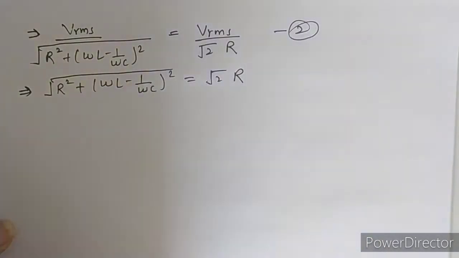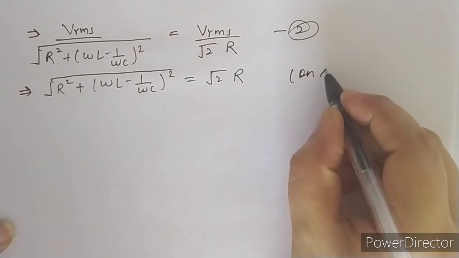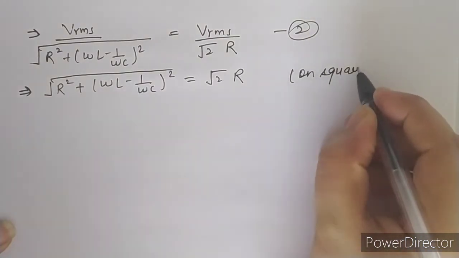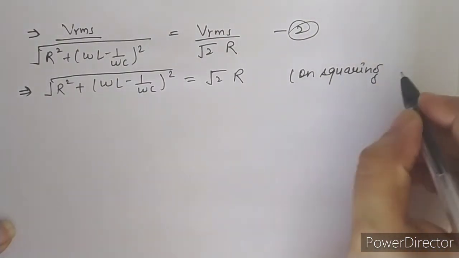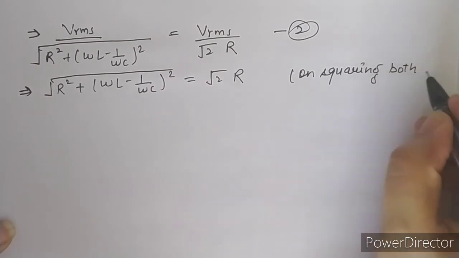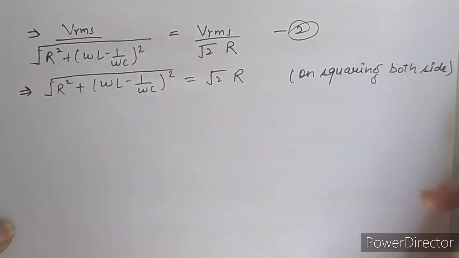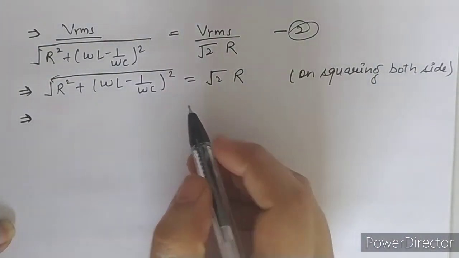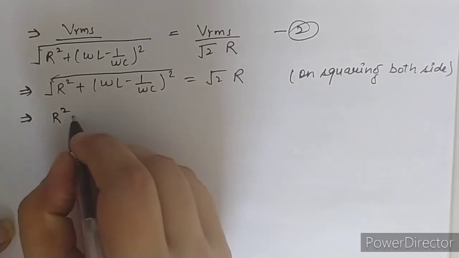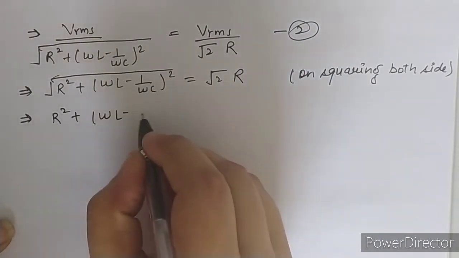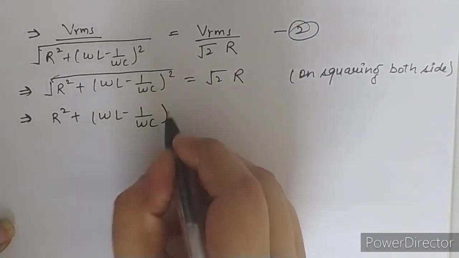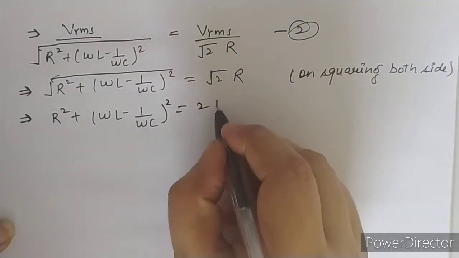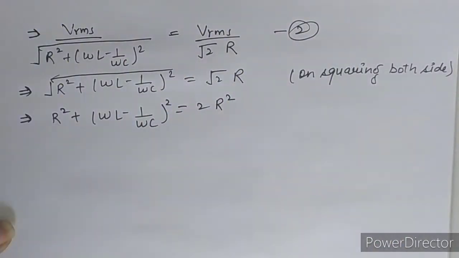On squaring both sides, what do we get? The square root gets cancelled out, then we get R square plus (omega L minus 1 upon omega C) square is equal to 2R square.